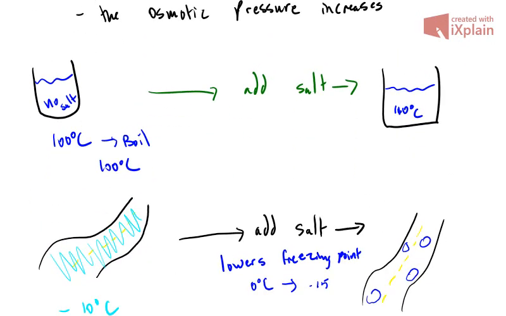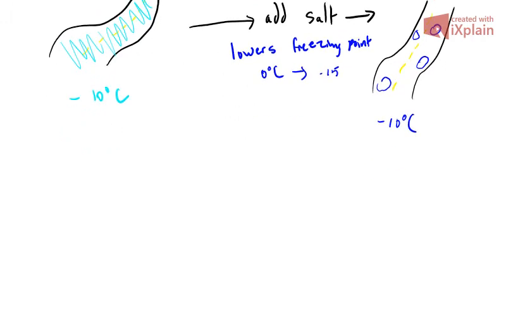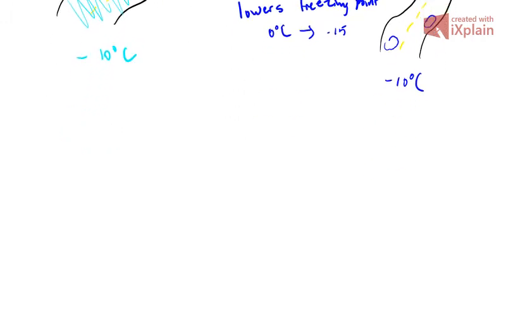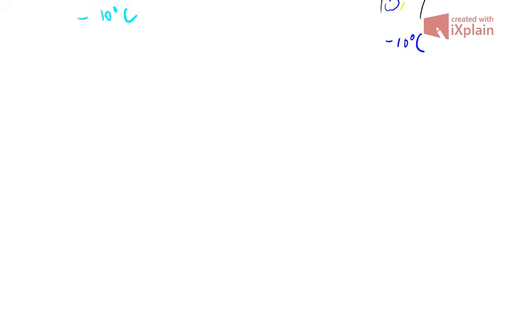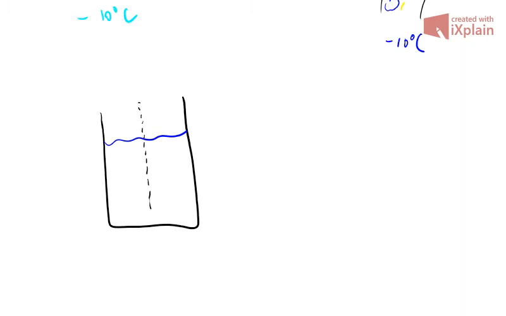Now, osmotic pressure is a little bit different. It's more based in biology. So we have a container, and it contains water, and then there is a membrane down the middle. It's not like a wall. It's a membrane that allows some things through and some things not.